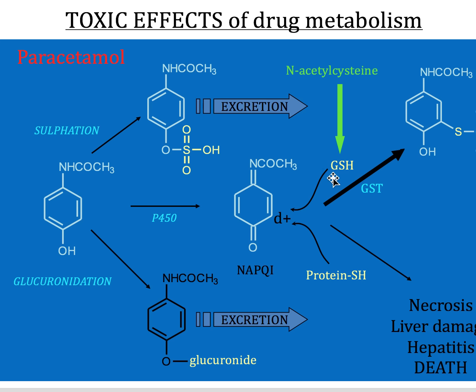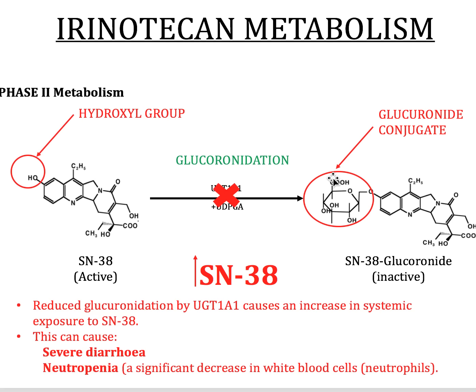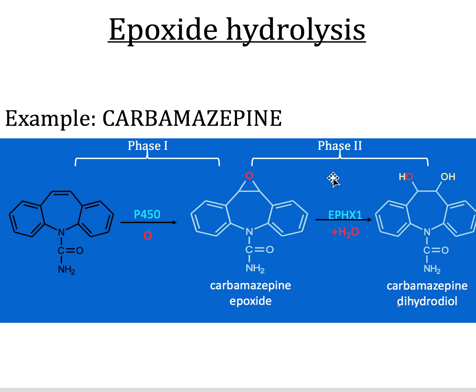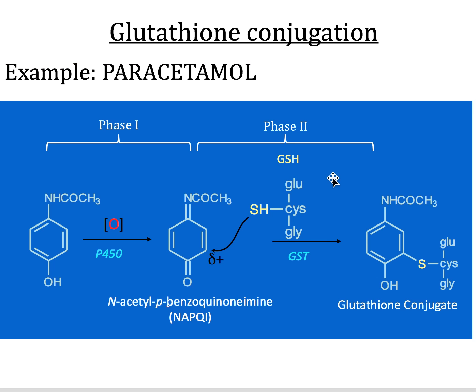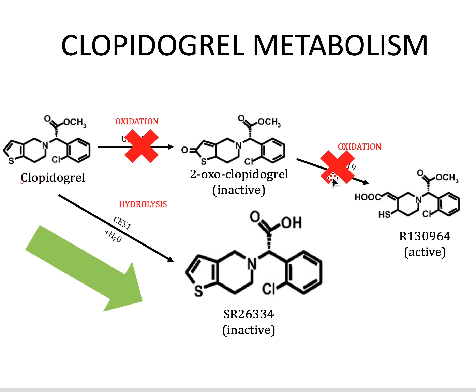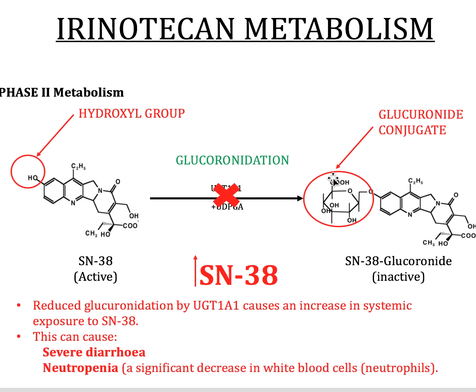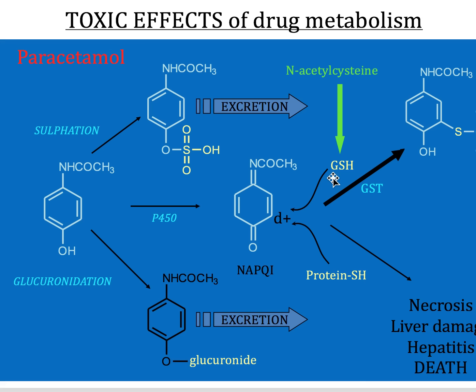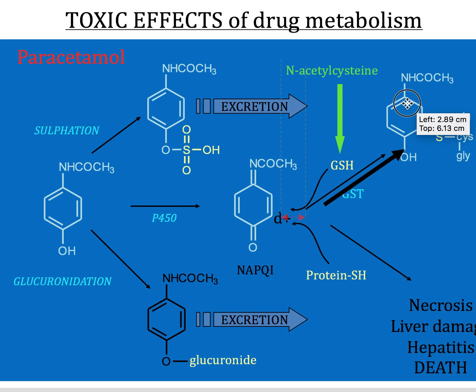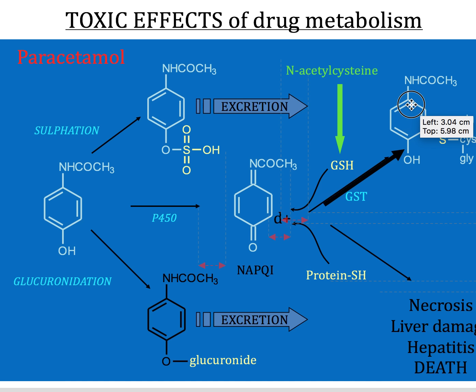I can't remember off the top of my head. Glutathione conjugation, yes, glutathione S-conjugation, and then it can go on to form what we saw as this molecule here before.